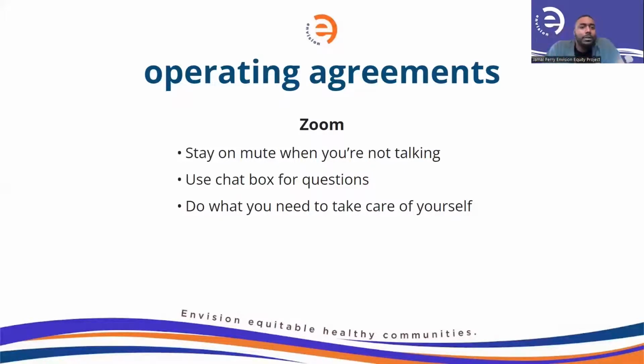And I guess a little bit about myself, for those who might or might not know, or this might be the third or whatever time we tell you, my name is Jamal, and I'm a trainer with Envision Equitable Healthy Communities Training and Technical Assistance Center. I'm currently located in Milwaukee, where I have deep roots and been doing community work and CHW work over the course of 3, 4, or 5 years, and most of my CHW work has been rooted in LGBTQ+ health promotion, as well as anti-violence advocacy and equity, as well as sexual health education.